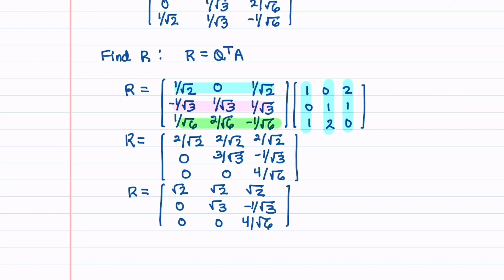And this is our matrix R that's part of our QR factorization. Notice that a built-in check is that matrix R is always an upper triangular matrix. And so you can always make sure that you did it right if you get zeros below the diagonal.